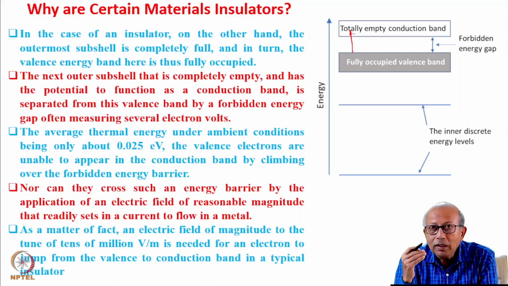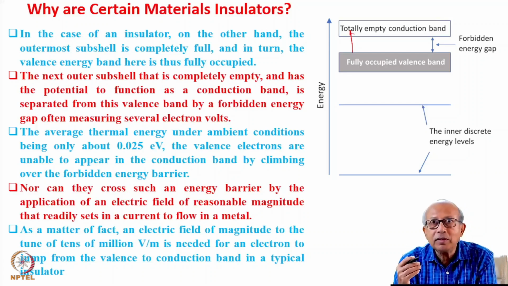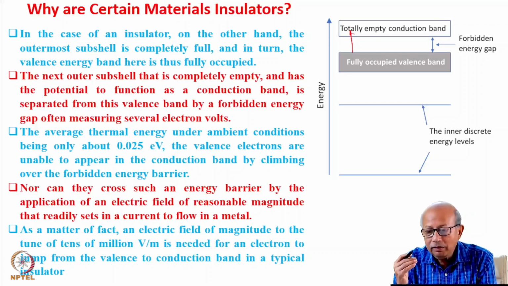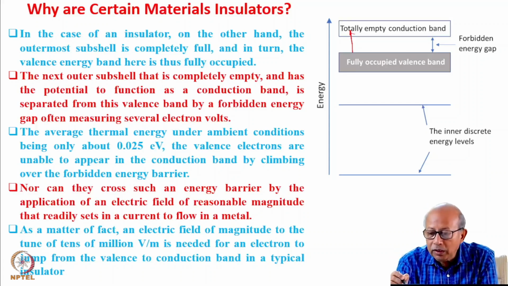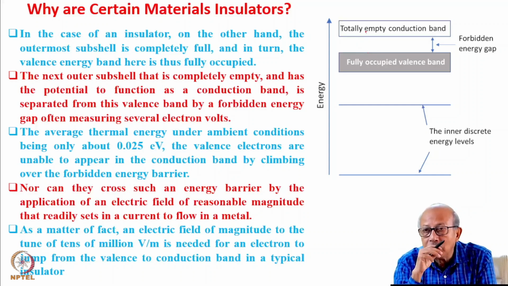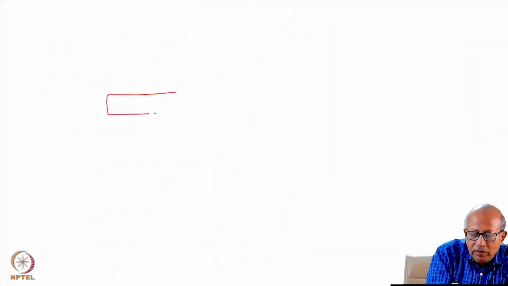Let me explain to you in a little greater detail as to why the field that is required for putting an electron from the valence band to the conduction band for a typical insulator should be so high. You see, this is the valence band and this is the conduction band.